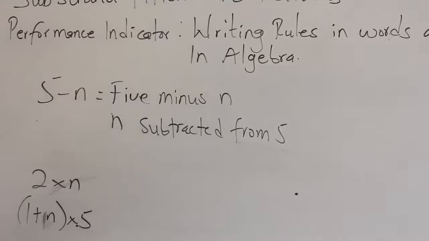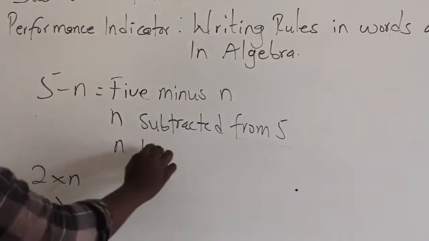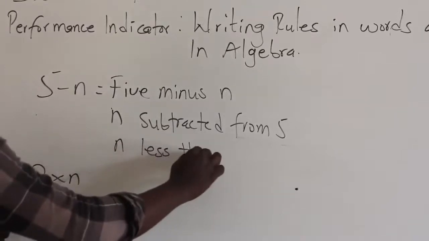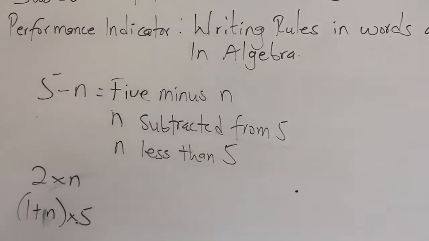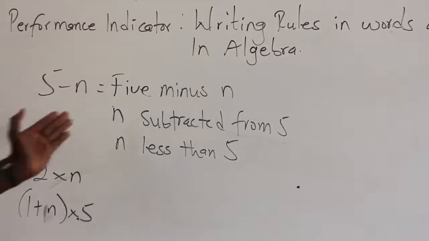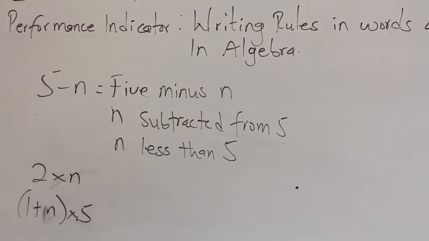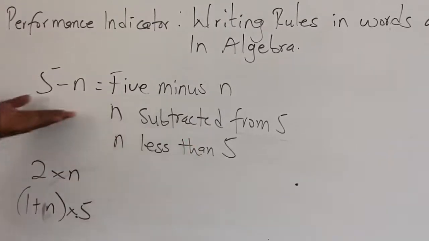We can also have n less than 5. So we can have many ways of describing it. So when you see any of these words, it means this is how you are supposed to write it mathematically. So this is words, this is in figures.